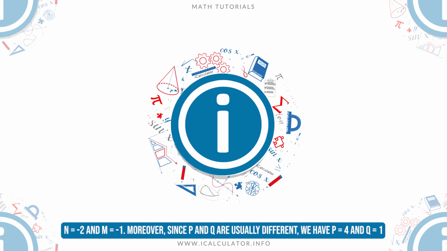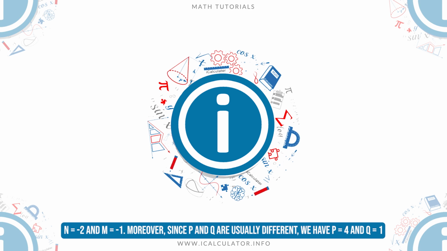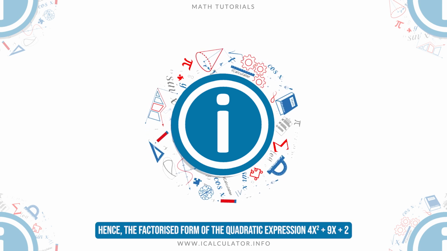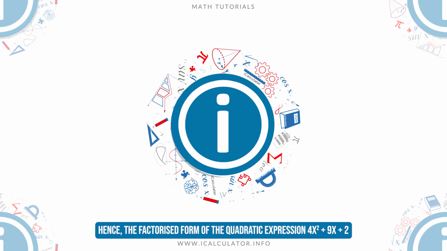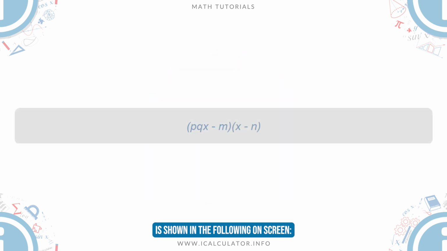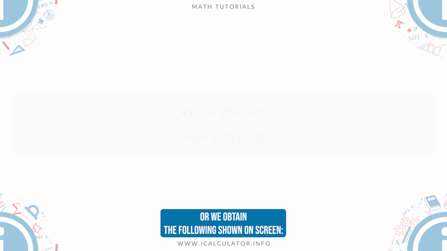Moreover, since p and q are usually different, we have p equals 4 and q equals 1. Hence, the factorized form of the quadratic expression 4x² plus 9x plus 2 is shown on screen. Or we obtain the following shown on screen.